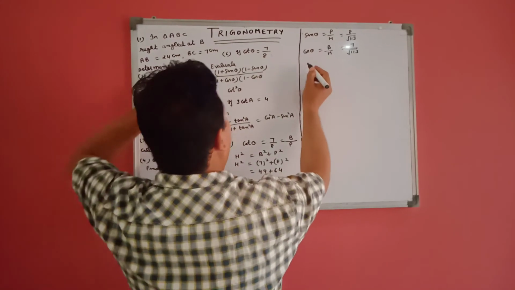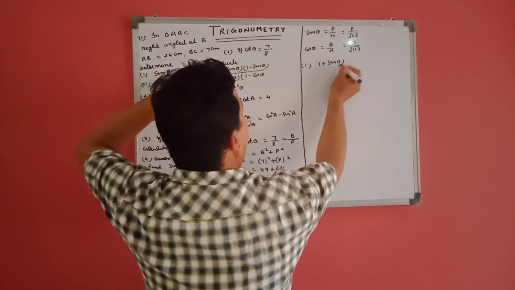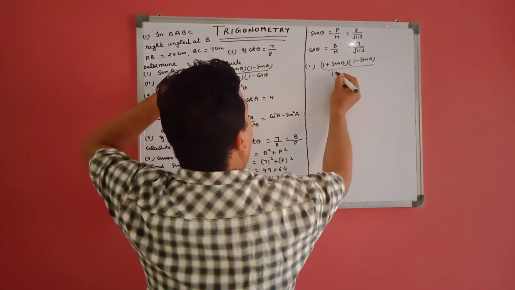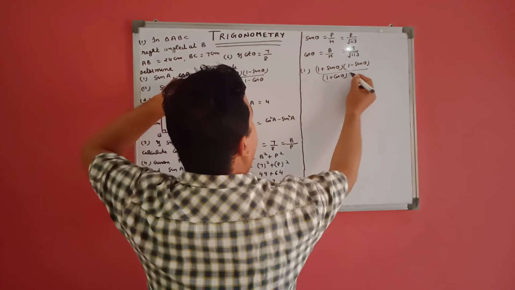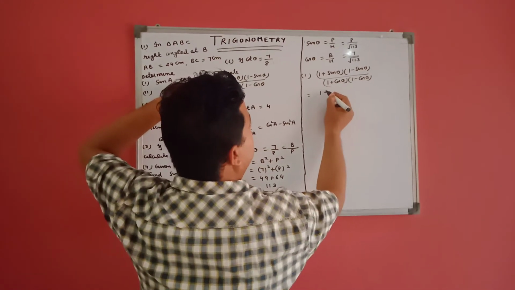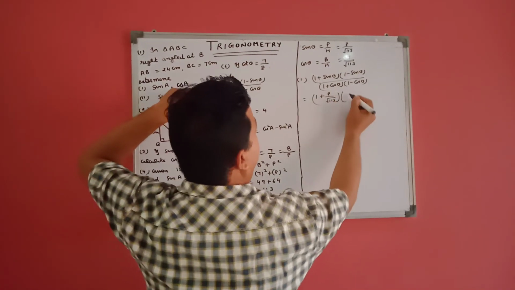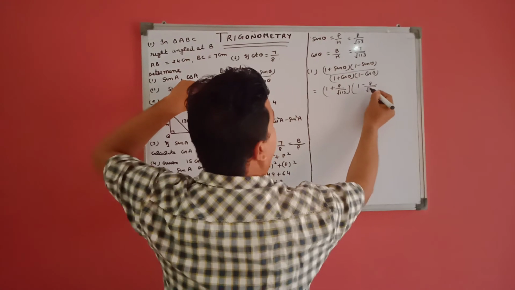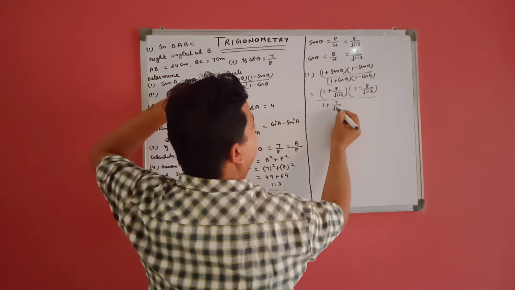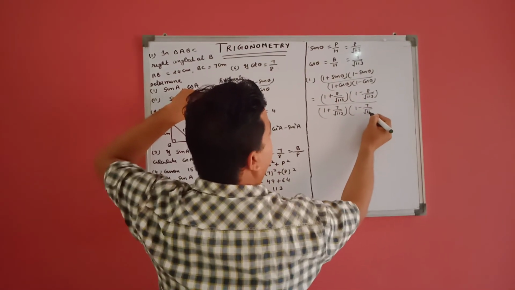And in this, the first question is (1 plus sin theta) into (1 minus sin theta) upon (1 plus cos theta) into (1 minus cos theta). 1 minus sin theta is 1 minus 8 upon root 113, and 1 plus sin theta is 1 plus 8 upon root 113. In denominator, 1 plus cos theta is 1 plus 7 upon root 113 and 1 minus cos theta is 1 minus 7 upon root 113.